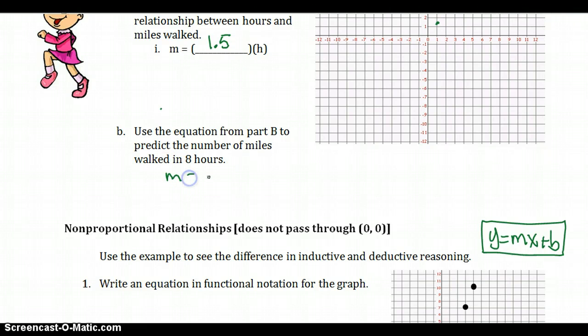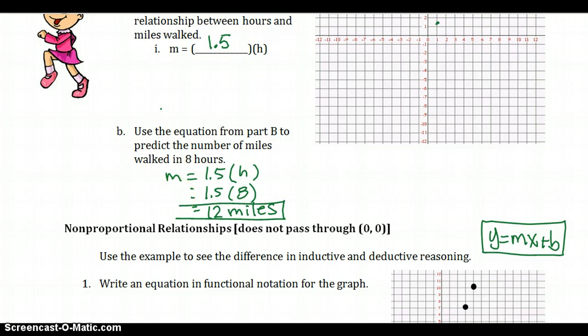So m equals 1.5 times hours, and they're wanting us to check to see what it would be for 8, and we would end up walking, I would hate to walk for 8 hours and only have traveled 12 miles, but that's probably about right.